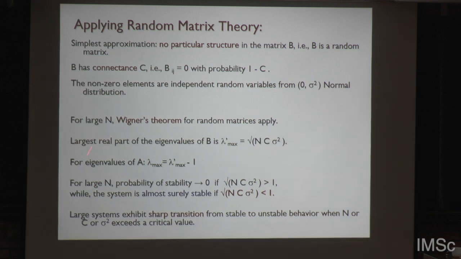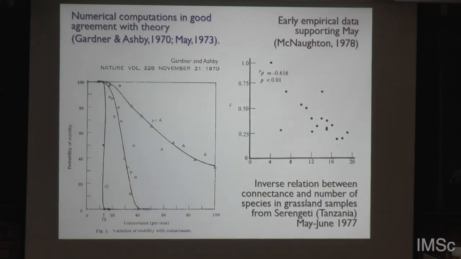So, going back to May's argument, he said that if you look at the probability of stability of the network as a function of any of these quantities, you would find a transition from almost surely stable to almost surely unstable as you increase any of these quantities. And in fact, this helped explain the paper of Gardner and Ashby, which had come out in 1970, where they had shown through numerical simulations that the probability of stability of randomly constructed networks essentially goes from 1 to 0.